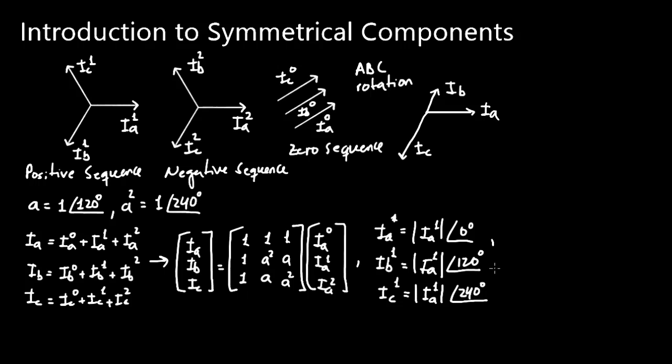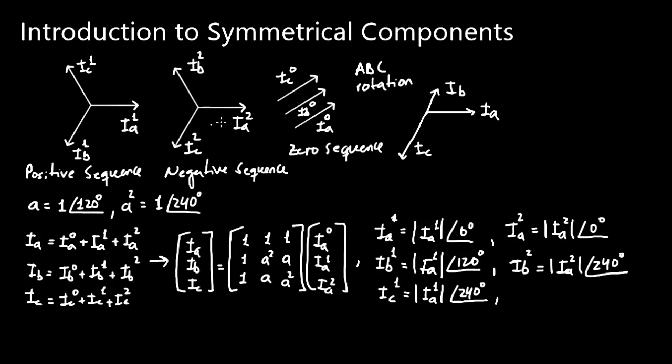And then likewise, we can do the same thing for the negative sequence set. We can say that the A phase negative sequence set is going to be equal to the magnitude, of course, of itself at an angle of 0 degrees. But then we can say that the B phase negative sequence is equal to the A phase negative sequence magnitude shifted by 240 degrees.